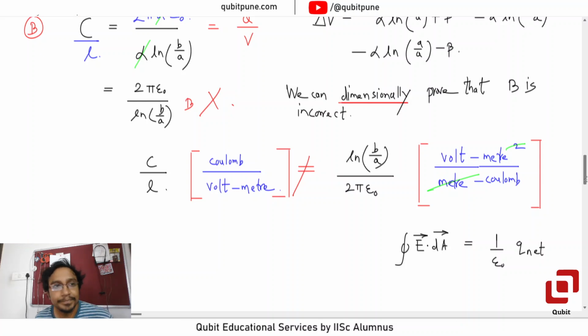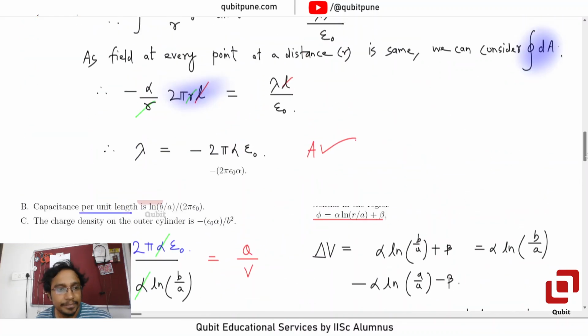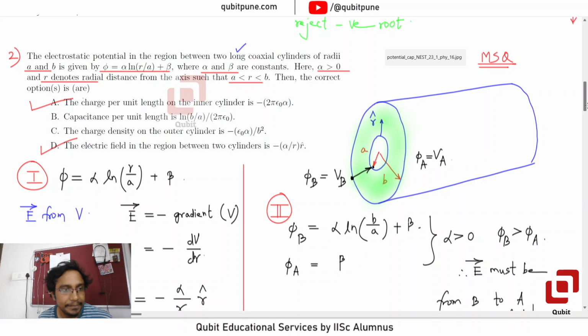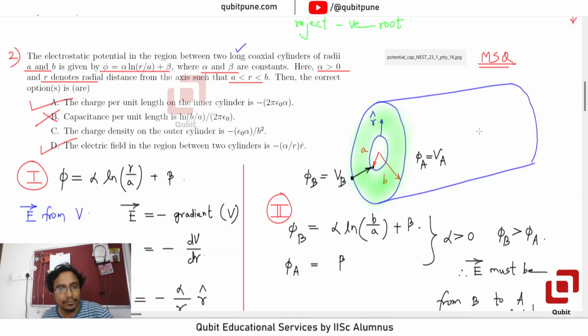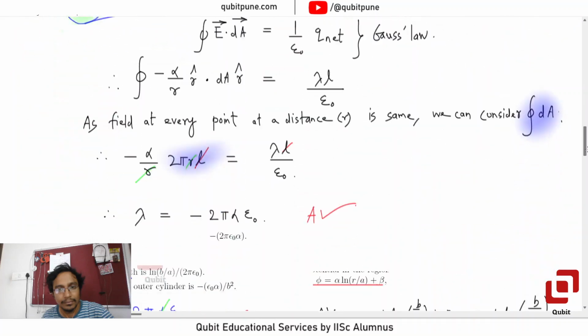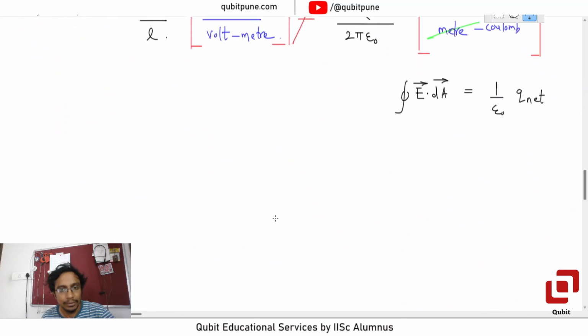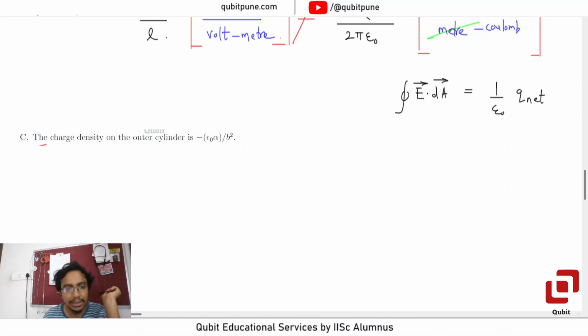Okay, fine. So ऑप्शन बी नहीं है. अभी ऑप्शन सी का कैसे करेंगे? When Q equals CV, charge equals capacitance per unit length times change in potential. Okay. Now I have just one question here.